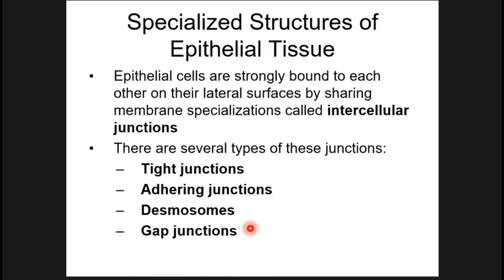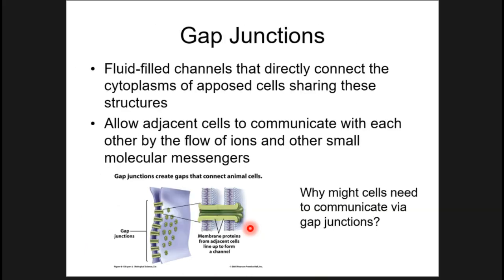Finally, gap junctions. And again, the name tells you a lot about what's going on. A gap junction is a tunnel from one cell to the next. This is cell 1, over here is cell 2. There's the cytosol of cell 2 over here, cytosol of cell 1 over here, and it's just a tube, and it's going to allow for the passage of ions especially.